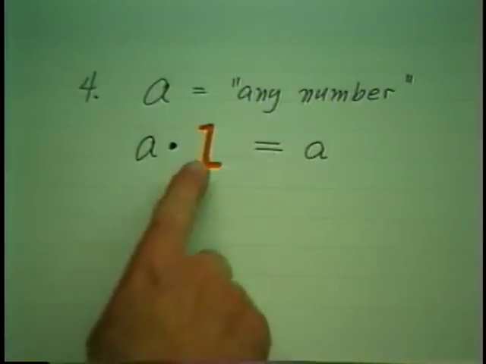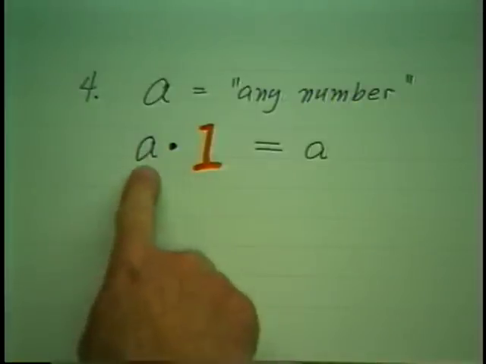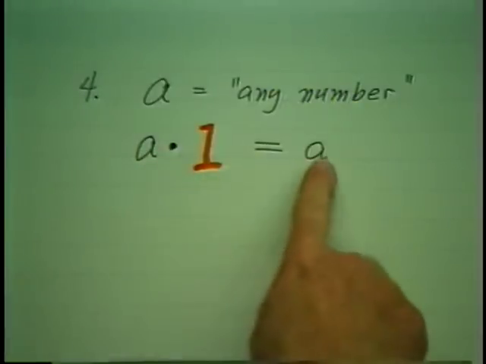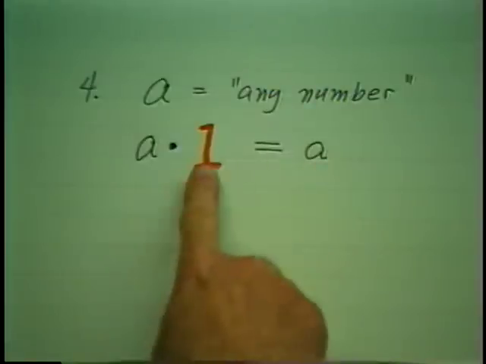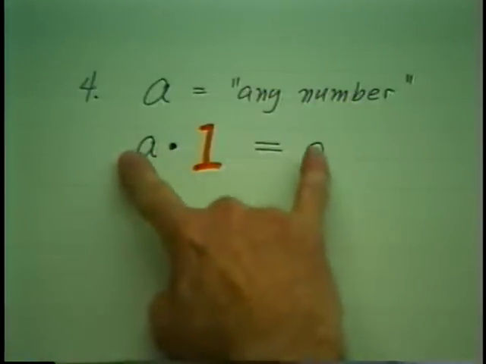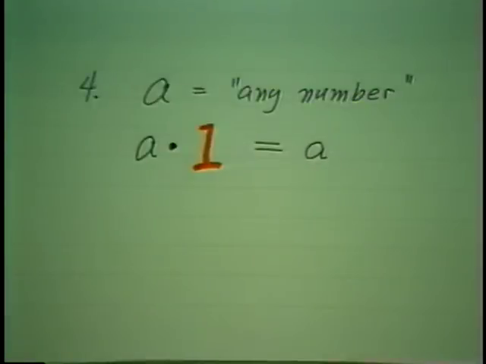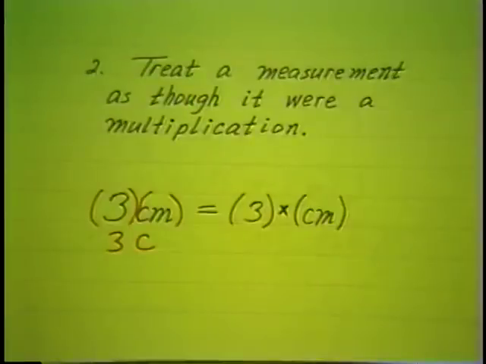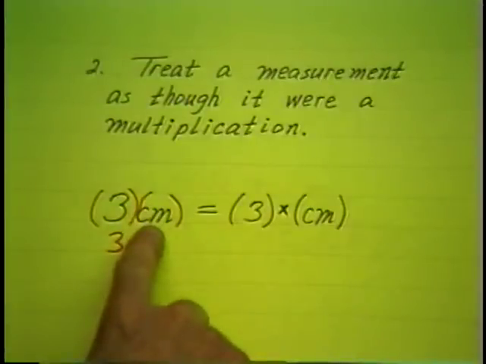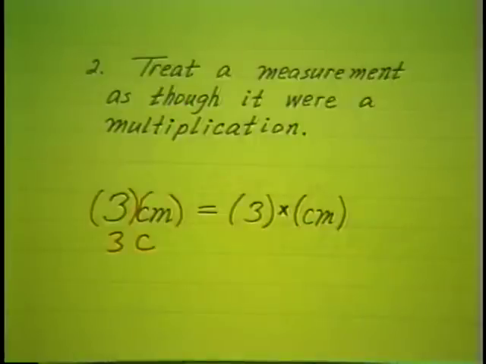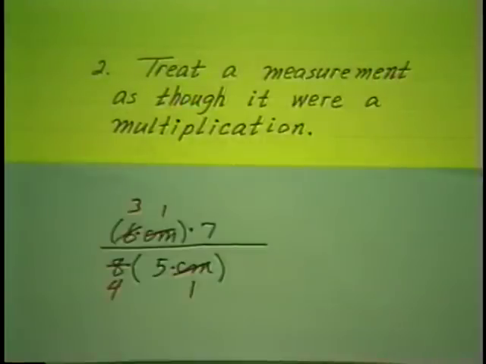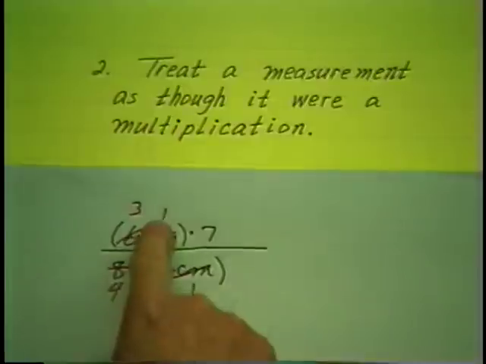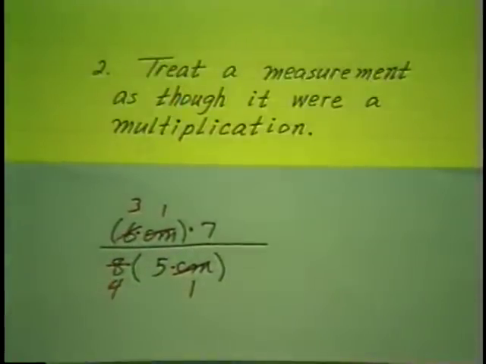And our fourth fact to bear in mind is the obvious statement that any number times 1 is still the same number, or multiplication by 1 does not change what the number really is. Now let's bear those 4 facts strongly in mind. First, the cancellation law. Second, we will consider a unit of measure as a sort of multiplication, which will allow us to cancel units as well as number multipliers.